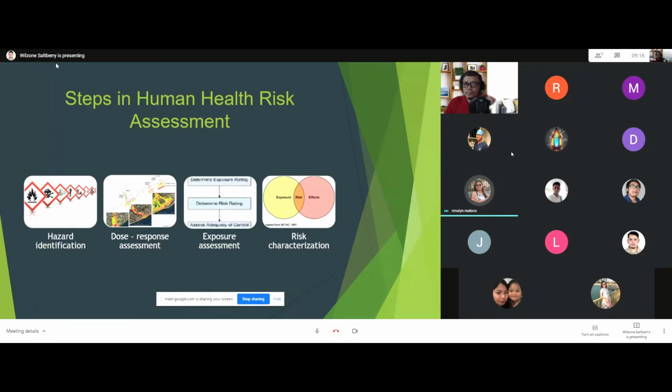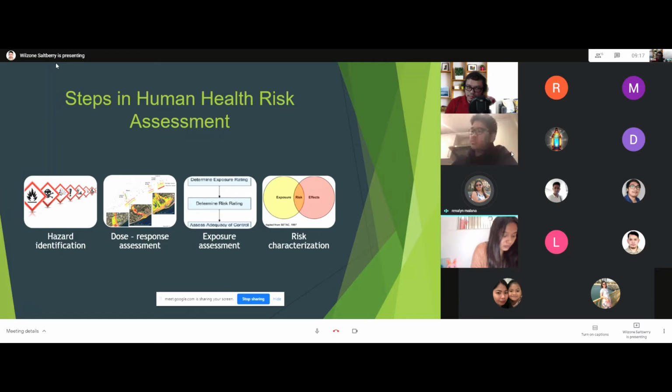The next is the steps in human health risk assessment. In every hazardous incident, we should know what types of hazardous materials are involved in order to know how to deal with them. And then, of course, we need to know the dose, or the amount of the hazardous material involved.